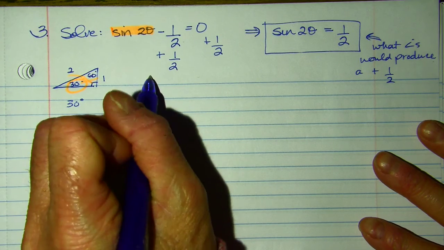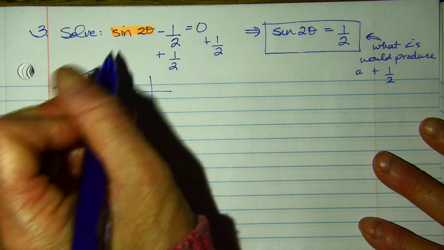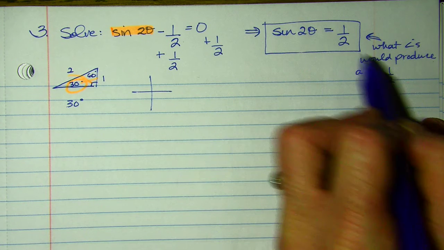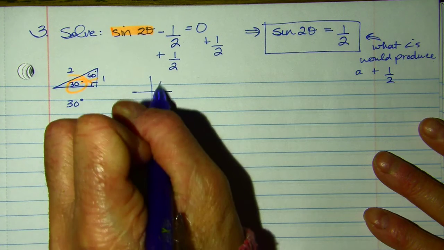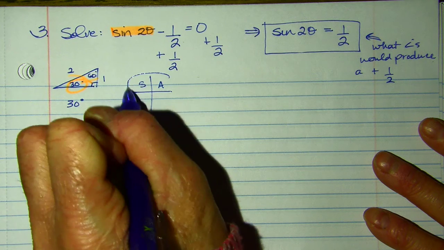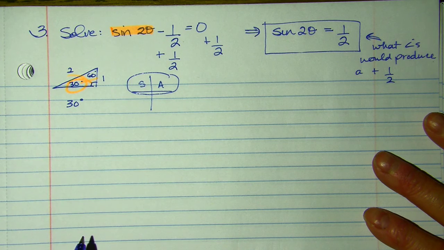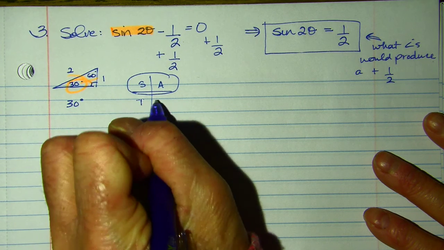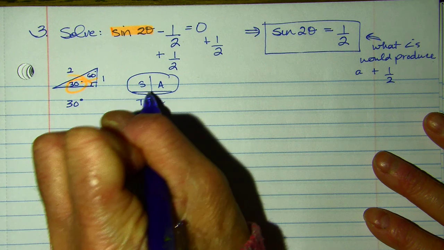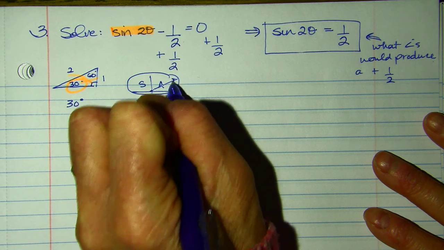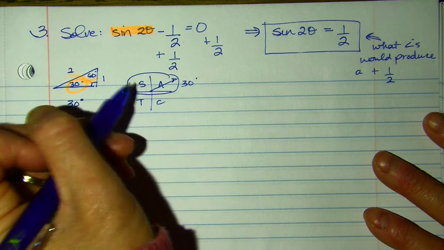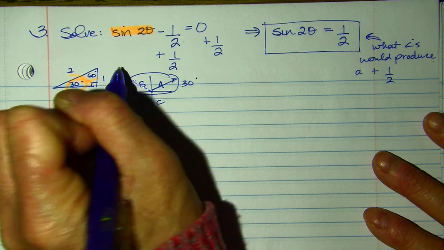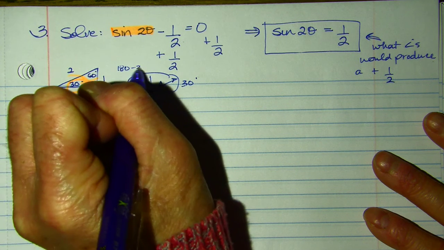Now I have to figure out what 2 quadrants is sine positive in, right? This is a positive 1/2. So all students, I'm looking in these 2 quadrants, right? Not these, because sine would be negative down here. And so that'd be 30 degrees here. But in quadrant 2, that would be 180 minus 30 degrees.